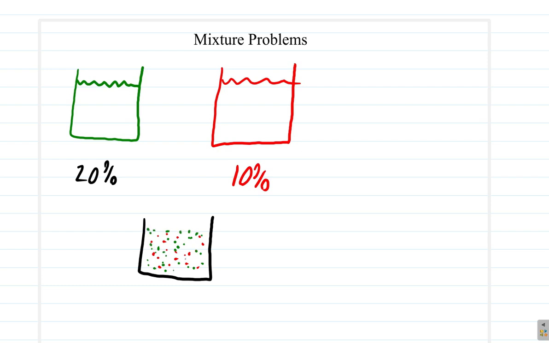You cannot have a concentration that is at 20% or above once you start mixing them. And you cannot have a concentration that is at 10% or below when you start mixing them. Alright?